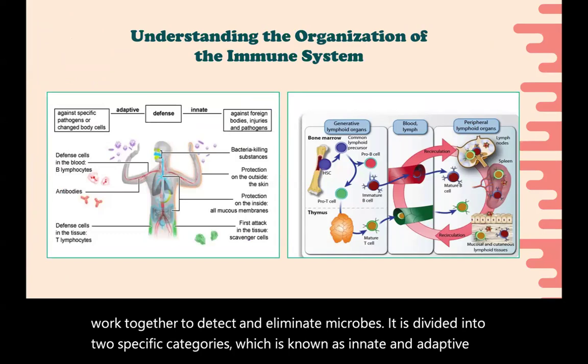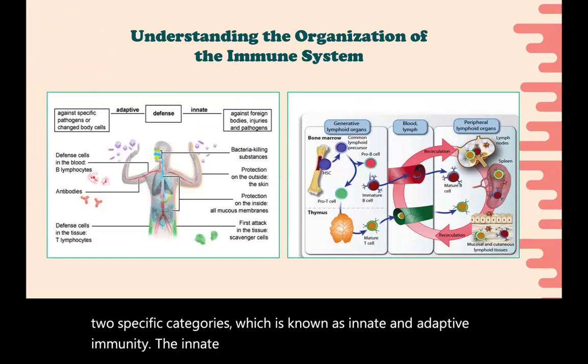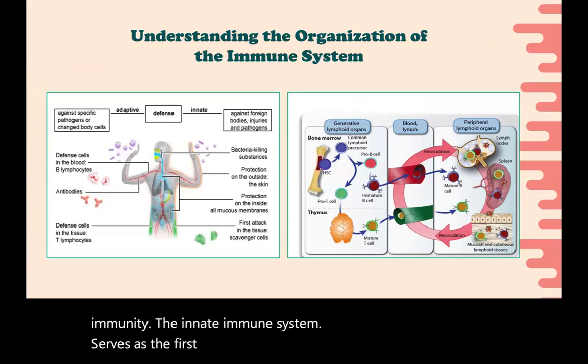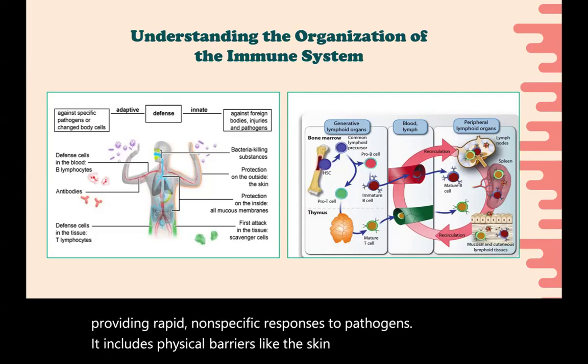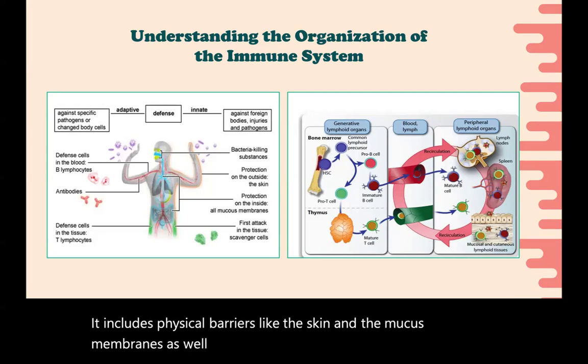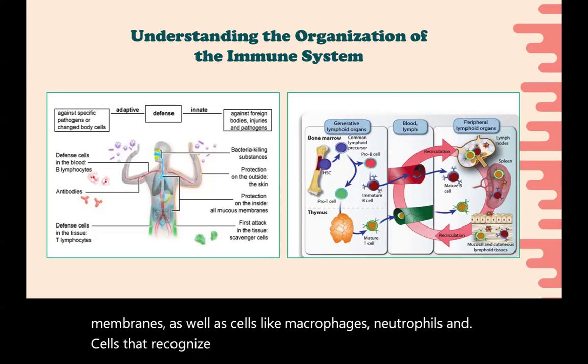The innate immune system serves as the first line of defense, as we mentioned before, providing rapid, non-specific responses to pathogens. It includes physical barriers like the skin and the mucous membranes, as well as cells like macrophages, neutrophils, and dendritic cells that recognize common microbial patterns.